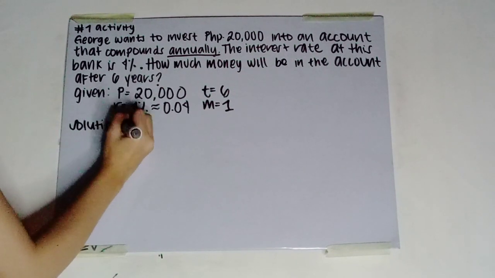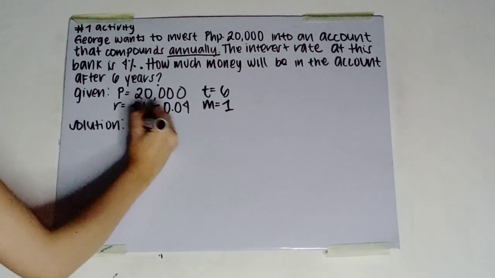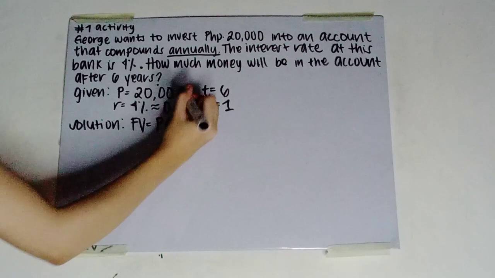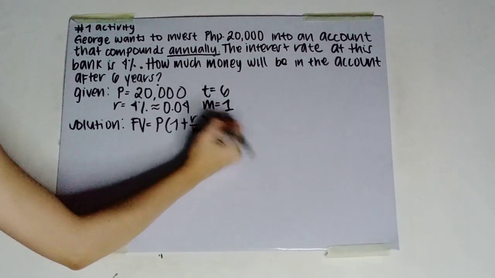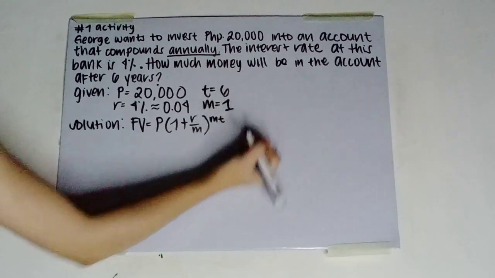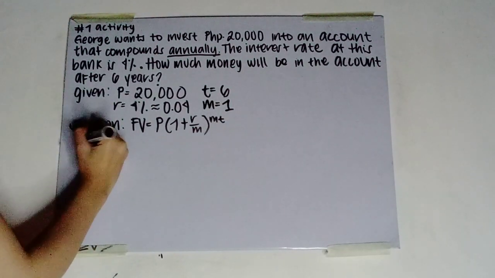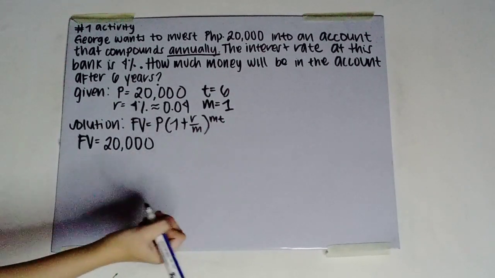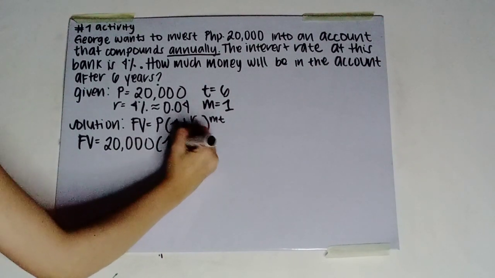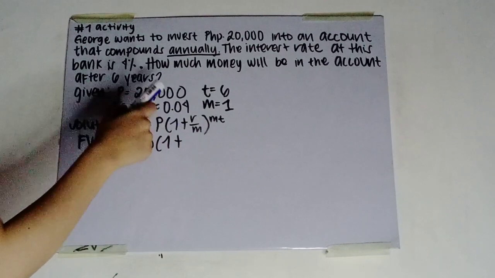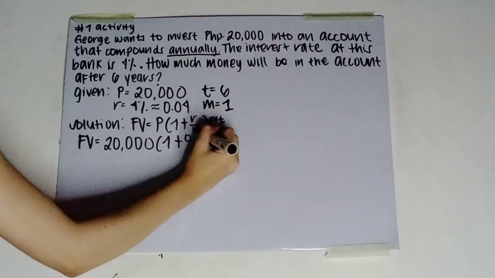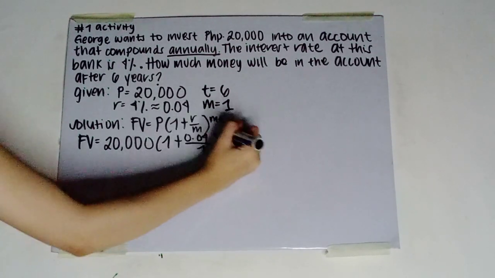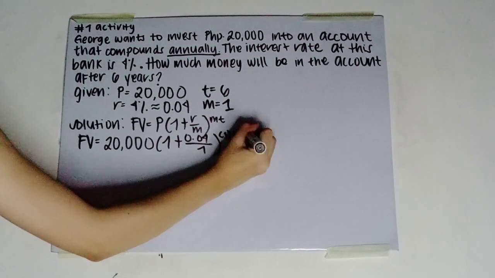So write the solution. The formula for compound interest is FV equals P times 1 plus R divided by M, raised to MT. So FV is equal to 20,000 pesos times 1 plus 0.04 divided by 1, raised to 1 times 6.